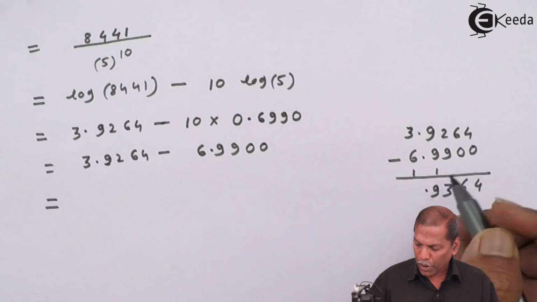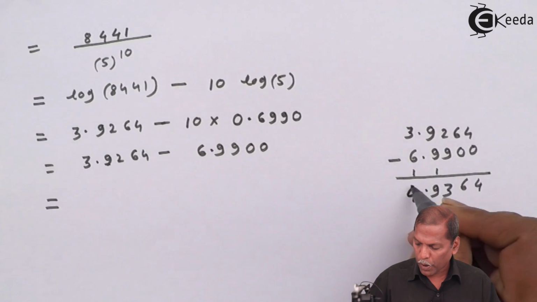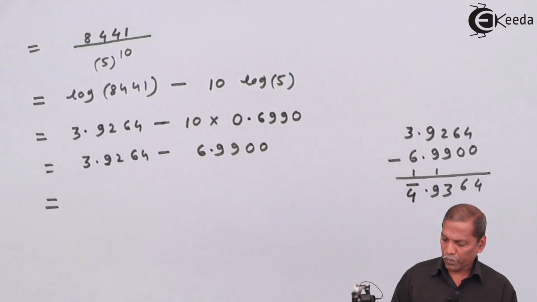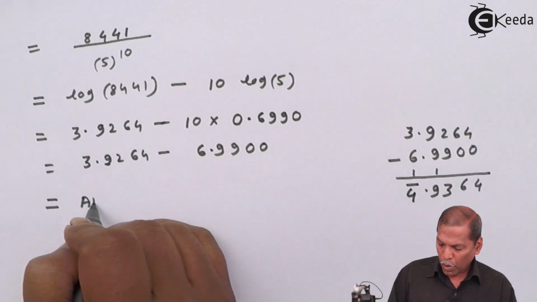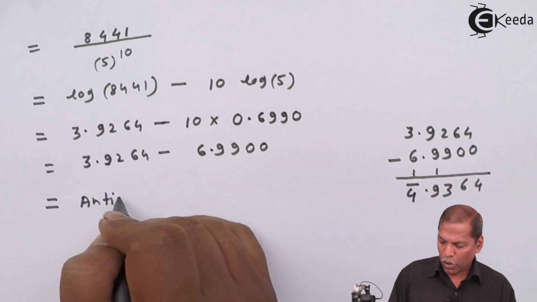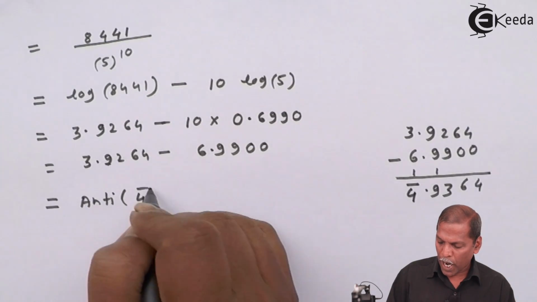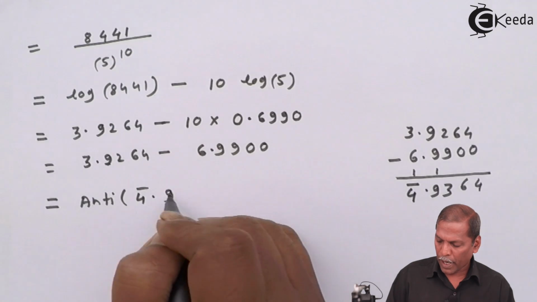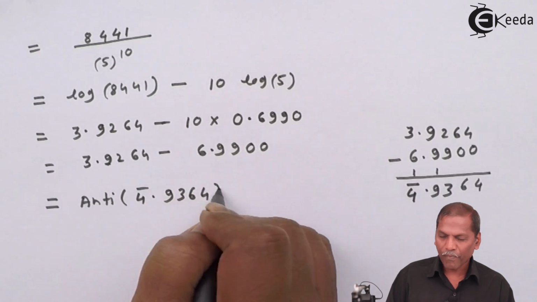So that gives us minus 4, which means bar 4. So that is the anti-log of bar 4.9364.